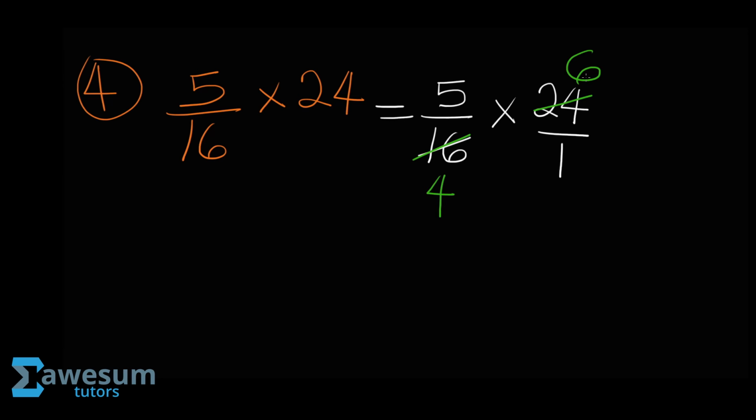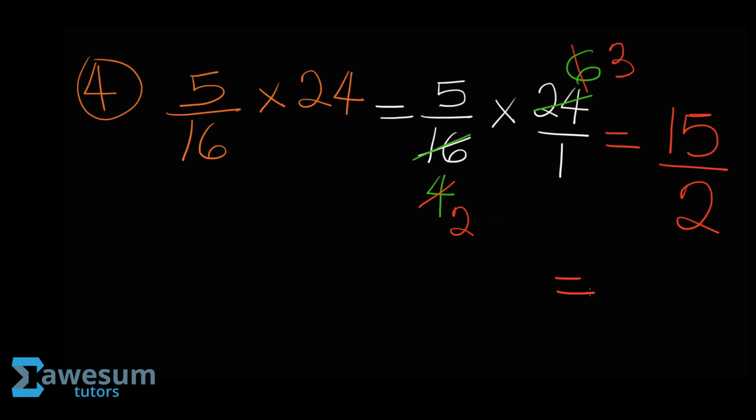This is 6. 2 is still a common factor, right? 2 is a common factor of 4 and 6. So 2 in 4 is 2. 2 in 6 is 3. So in that case, you will realize that nothing can divide anymore. So I will multiply out 5 times 3. That is 15. 2 times 1, that is 2.